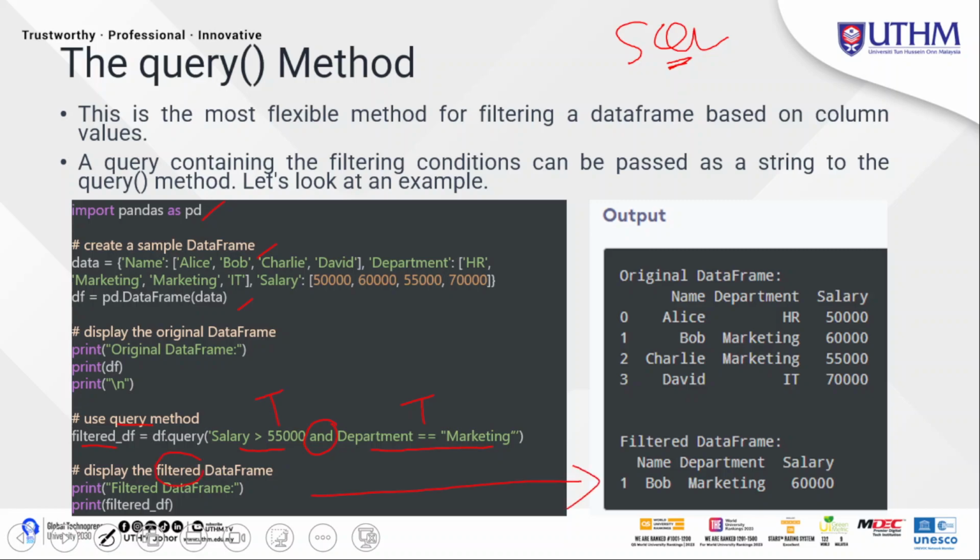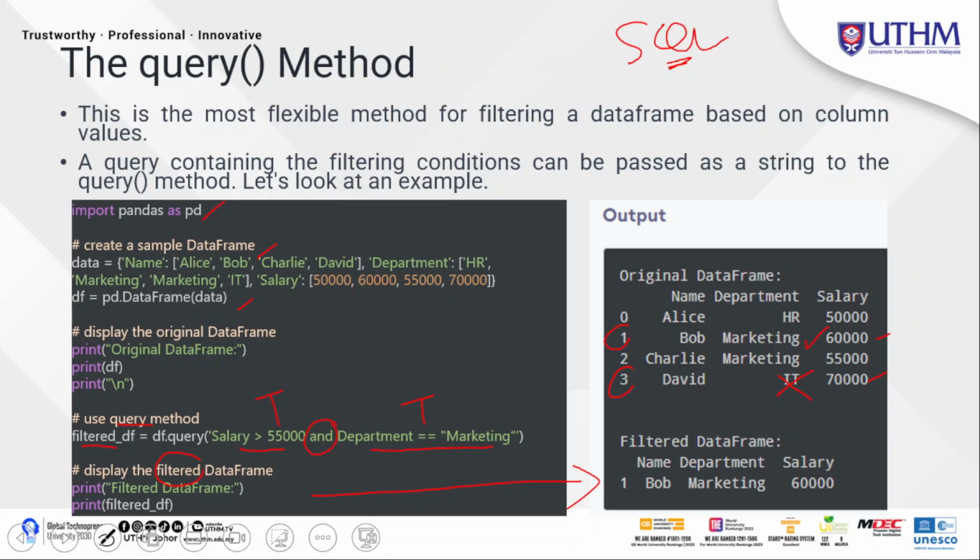Can you see? First is salary, more than 55,000, we select 2. So row number 1 and row number 3. At the same time, they want to check whether they are from the marketing department or not. This one is IT, so definitely it's not included. This one is marketing, so we include.